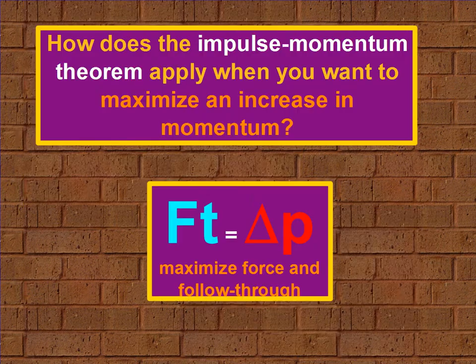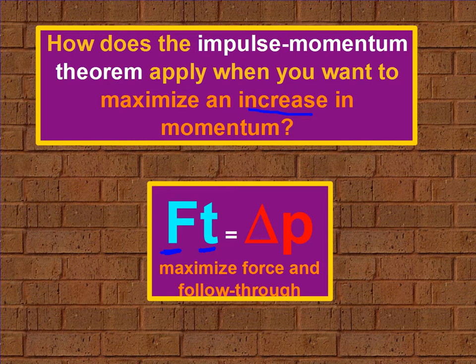So, how could you use the impulse momentum theory when you want to maximize an increase in momentum? Well, why would you want to maximize an increase in momentum? Well, it's clearly if you're trying to get something moving and trying to get it to change its velocity more. Basically, you're going to want to maximize both force and time through follow-through.